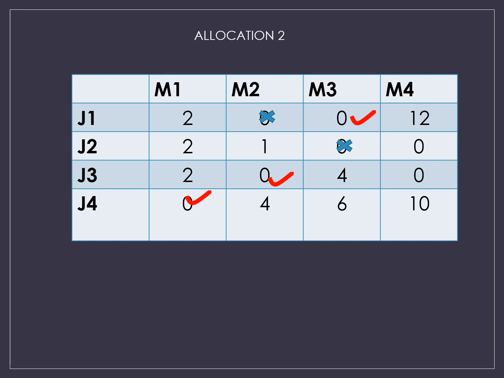Since there is no other choice for machine 4, we have to go for J2, or job 2. If we allocate machine 4 for job 2, we can't allocate machine 4 for job 3. Why?